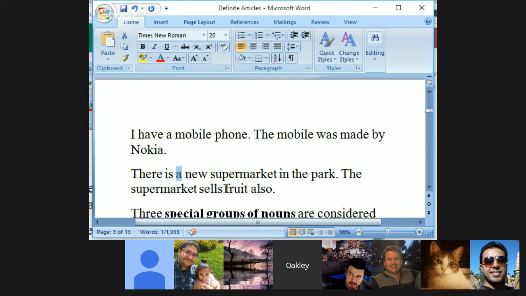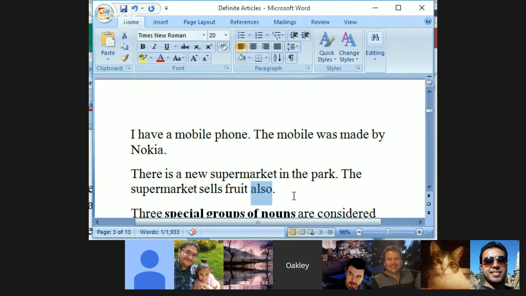A couple of things. Carolina, you said fruits. Fruit. This is a very weird thing in English, actually makes no sense at all. Vegetables are countable, but fruit are not, so I wouldn't have an s here. Sells fruit. And I wouldn't use also here, because also in conjunction or in relation to what?